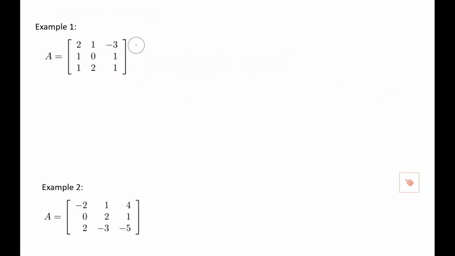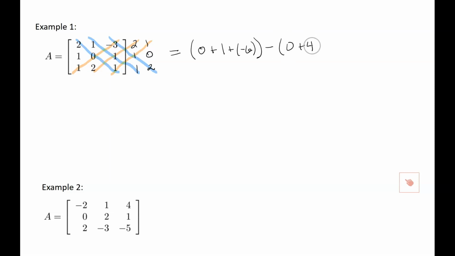So let's compute one. So again, I'm just going to copy down, and I'm going to take products along those forward diagonals and backwards diagonals and take the difference. And when I do that, I'm going to get 2 times 0 times 1, that's 0, plus 1 times 1 times 1, that's 1, plus minus 3 times 1 times 2, that's negative 6, minus, going along the backwards diagonals, I'll have a 0, 2 times 1 times 2 is 4, 1 times 1 times 1 is 1.